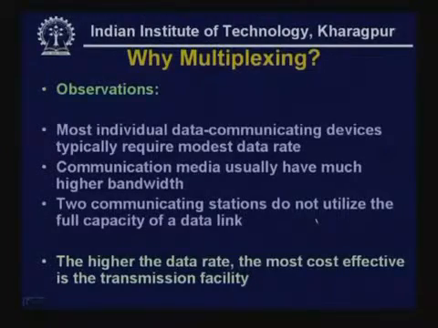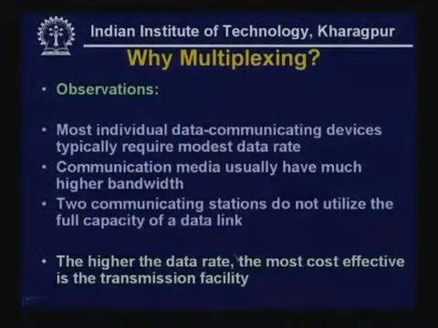On the other hand, the communication media usually have much higher bandwidth. For example, nowadays we can use coaxial cable, optical fiber, microwave link. They have several megabits per second, hundreds of megabits of bandwidth, and as a consequence, the communication media provide you much higher bandwidth.